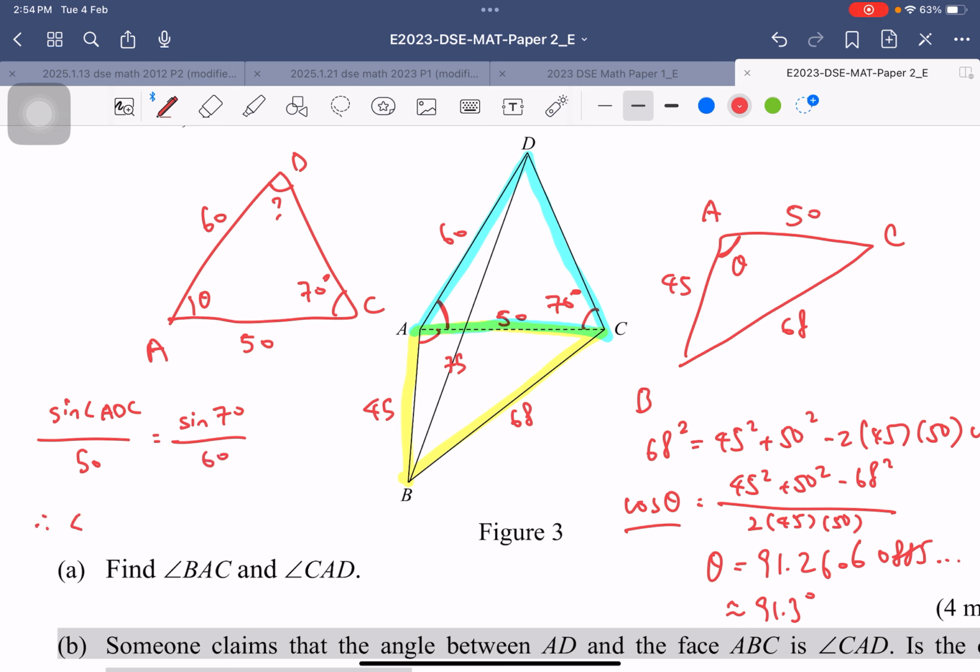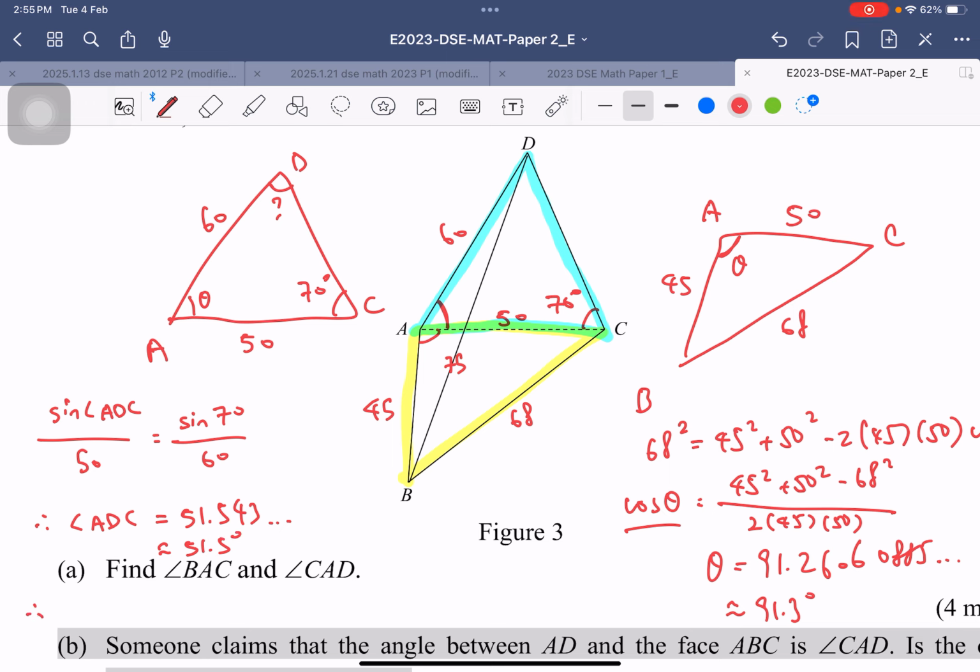So what is the value of angle ADC? 51.5, copy down the whole thing and round it to 51.5 degrees.